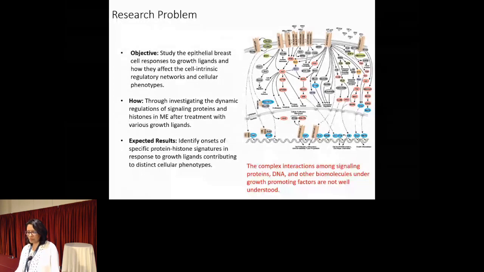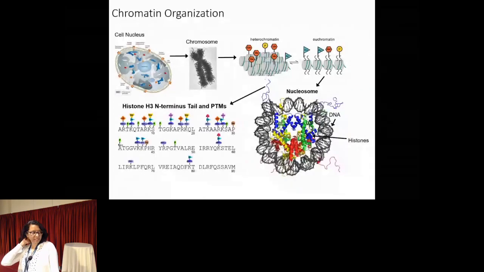I don't have to explain a lot about chromatin reorganization. I'm sure this audience is very well aware of it, but I wanted to bring in the component of histone marks and how they regulate the packaging of chromatin through post-translational modifications, where acetylation, methylation, ubiquitination, or phosphorylation can happen through enzymatic processes.